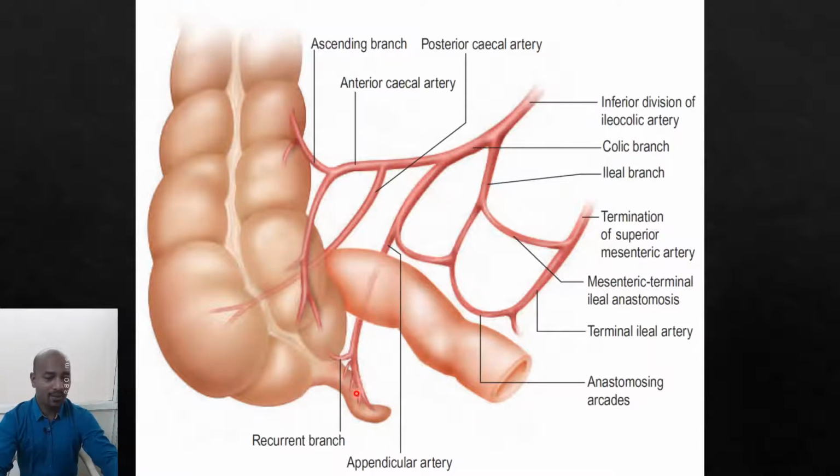When it becomes thrombosed, that will lead to gangrene formation of the appendix, because the appendicular artery is an end artery. So when thrombosis occurs, you may end up having a gangrenous change in the appendix, and that leads to perforation and peritonitis, generalized peritonitis.